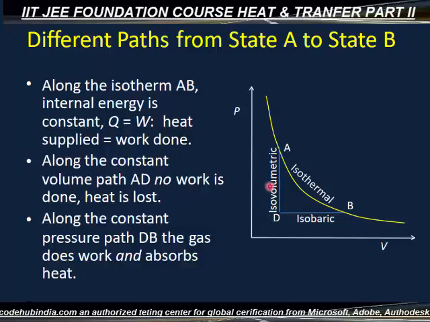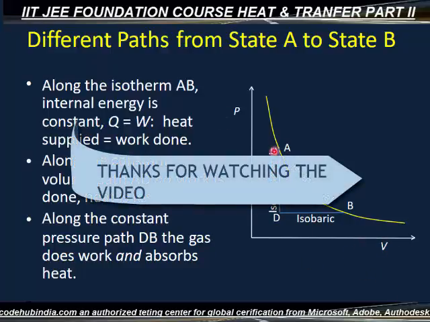And this is isovolumetric, constant volume. In isobaric, your pressure is constant along this line, and volume is increasing or decreasing at constant pressure. This is pressure, this is volume. And in isovolumetric, pressure is increasing or decreasing at constant volume. And this curve follows the property of P into V equals constant.